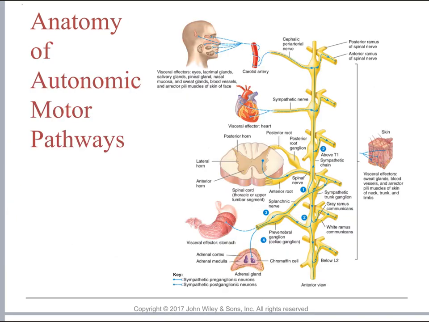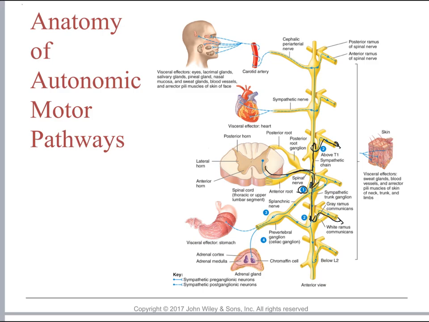So let's put what we just talked about to drawing. Number 1, we can leave the spinal cord, go directly to the first ganglia in the chain that we see, and move directly out to our effector organ. Number 2, we can leave and move either up the chain or down the chain to a subsequent ganglia and then move out to the associated effector organ.